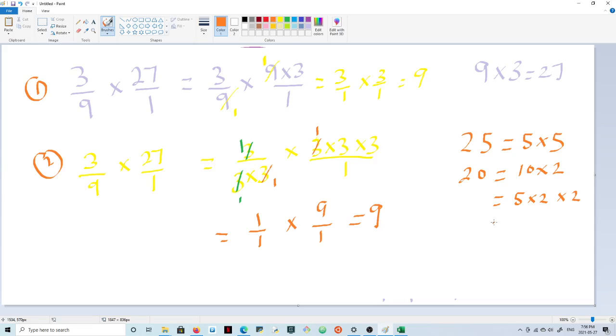What else can you say? You can also say this is 5 times 4. So these are different ways of expressing 20. All right? So you need to get used to taking a number and expressing it in other formats.